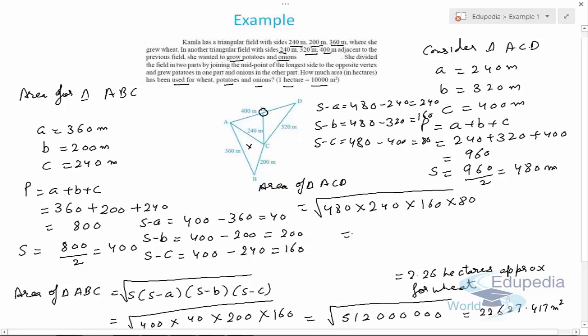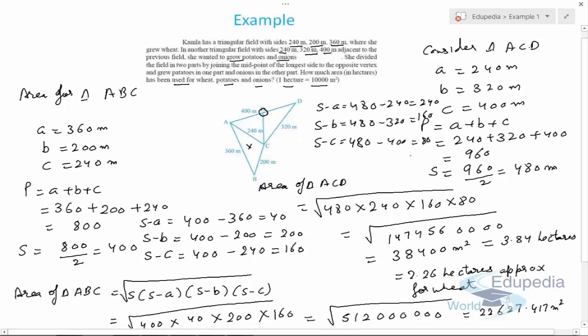Now if we multiply 480 times 80 times 240 times 160, it will come out to be under root 147456000. Now if you take the square root of this, the answer will come out to be 38400 meter square.